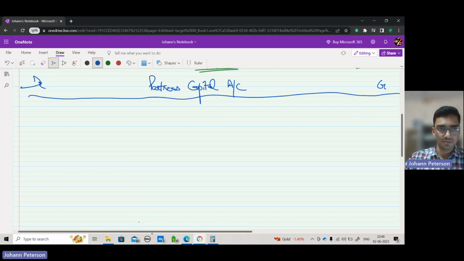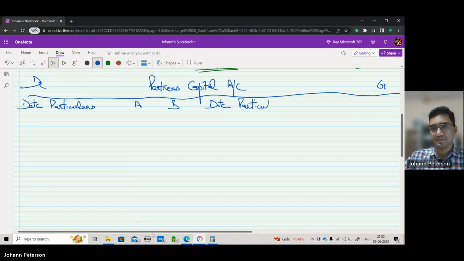In this, we are going to put an additional column which will be for date, particulars, now two partners, so A and B. Again, date, particulars, A and B.